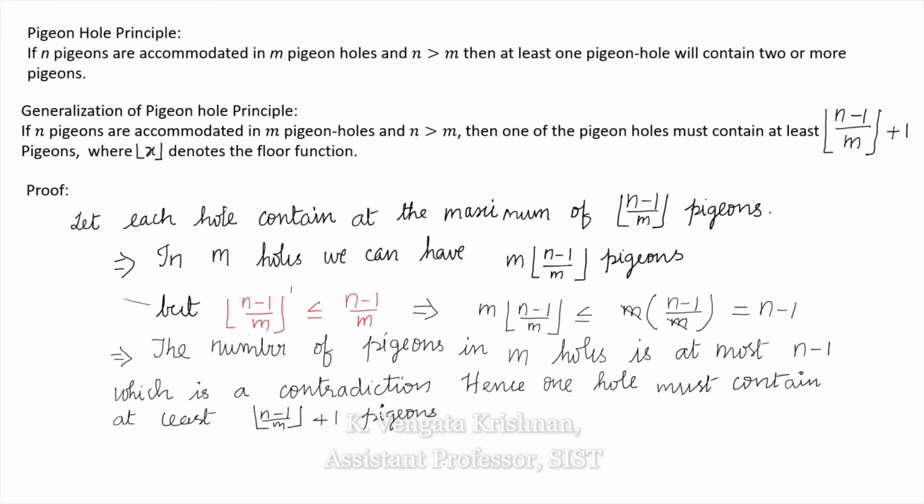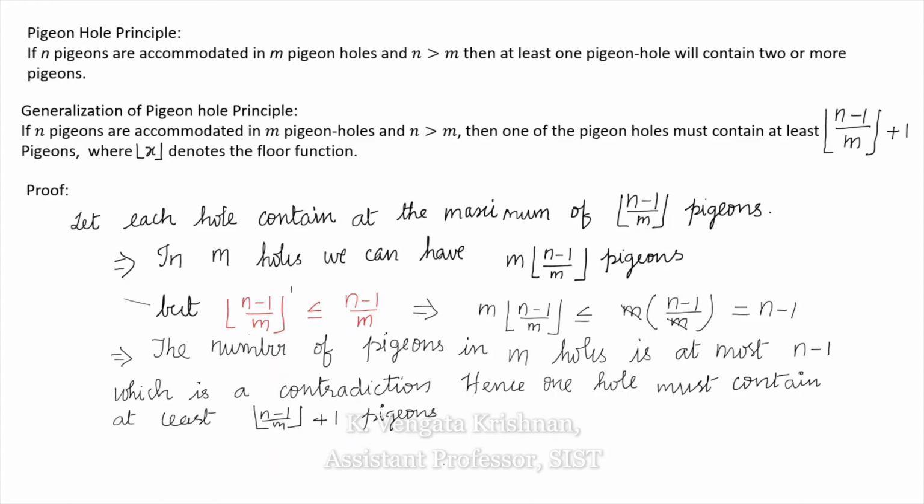Suppose, by contradiction, that each hole contains at most the floor of (n minus 1) by m pigeons. Then we have m holes, so the m holes will contain at most m times the floor of (n minus 1) by m pigeons.